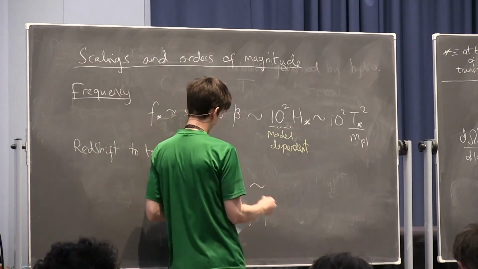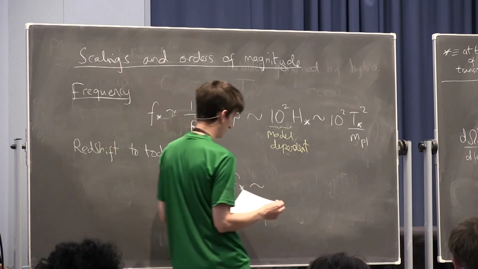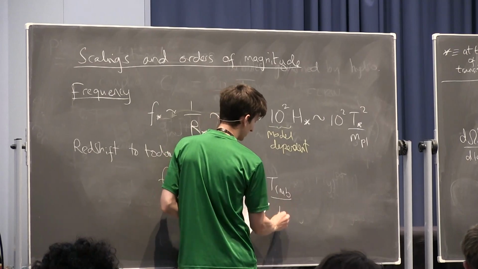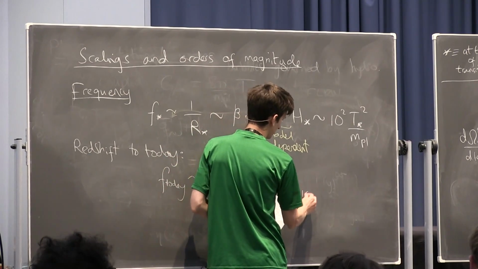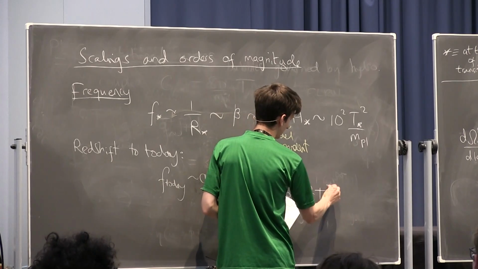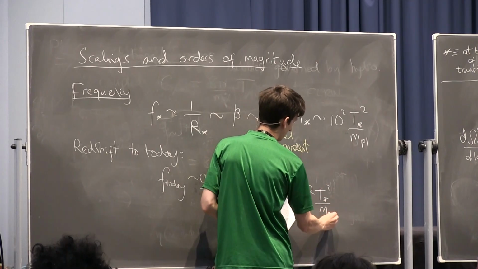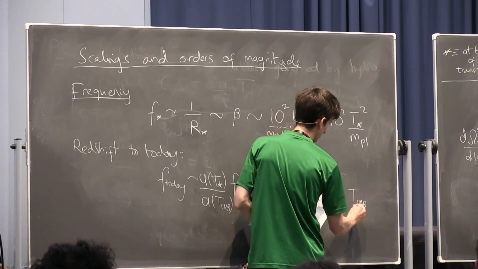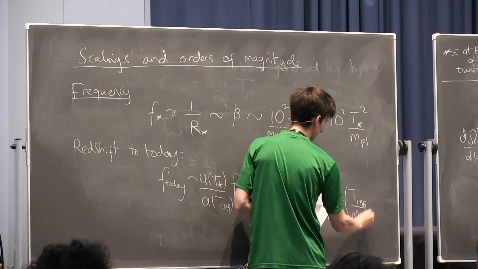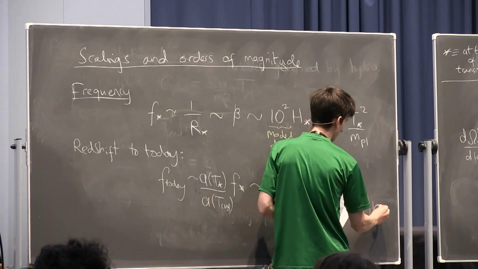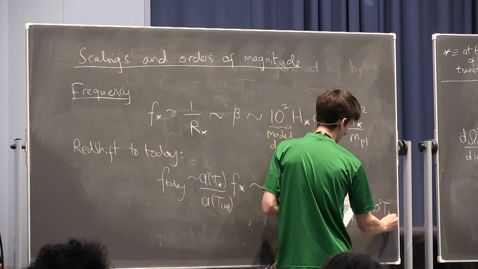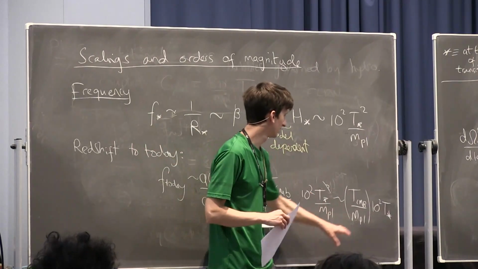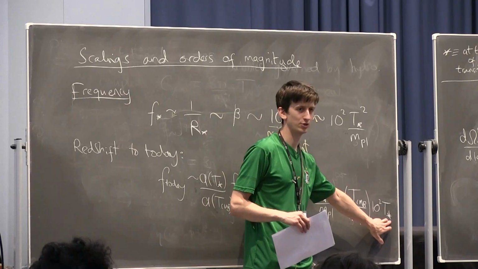So I can replace this ratio of scale factors by 1 over the ratio of the temperature, so we get TCMB divided by T star times 100 times T star squared from here, divided by M Planck, or we have some dimensionless combination, and then cancelling one of the T stars. Dimensionless combination, this model-dependent number, and then the temperature of the transition.